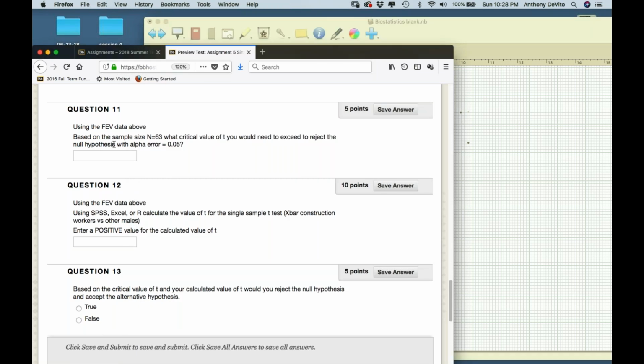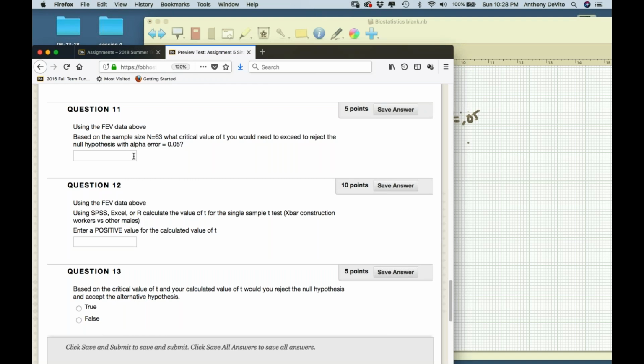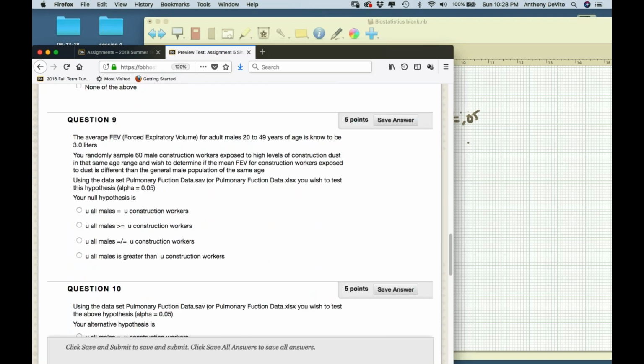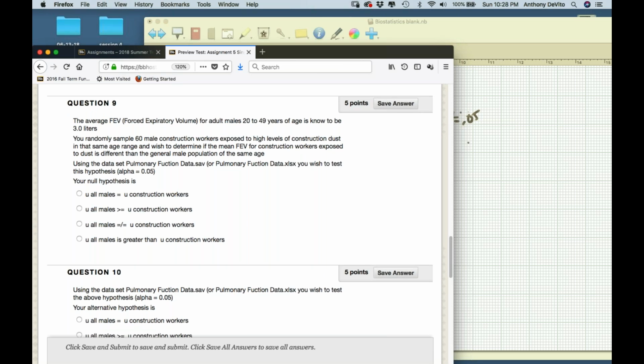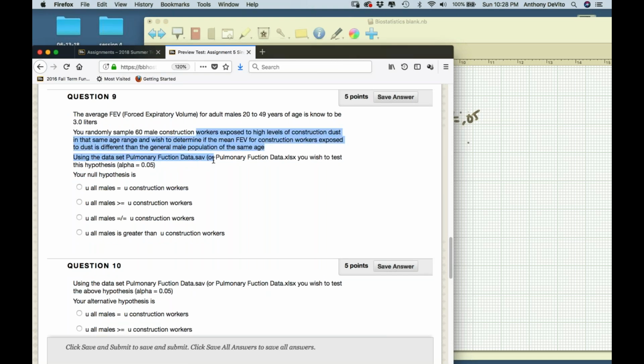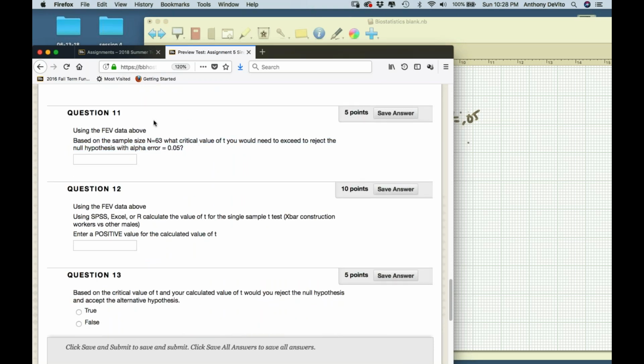Okay, so based on the sample size 63, what's the critical value of t to reject the null, with alpha equals 0.05? What value of t would you need to reject the null hypothesis?